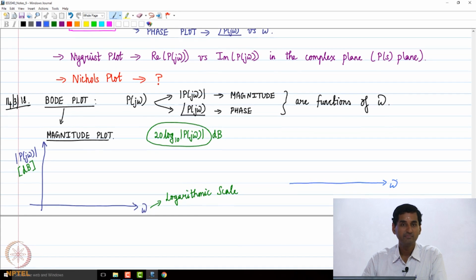Let's say I have 3 points, omega 1, omega 2, omega 3, where the distance between omega 1 and omega 2 is the same as the distance between omega 2 and omega 3. Now if I use a linear scale, what can I say about the distance between these two sets of points? Yes, they are equidistant, but what does it characterize?